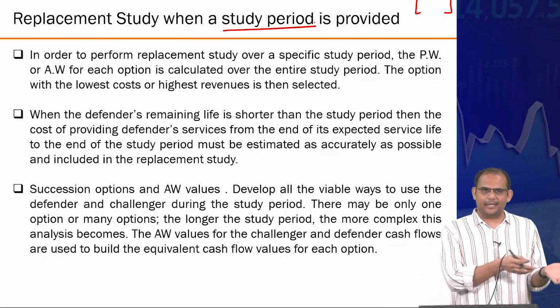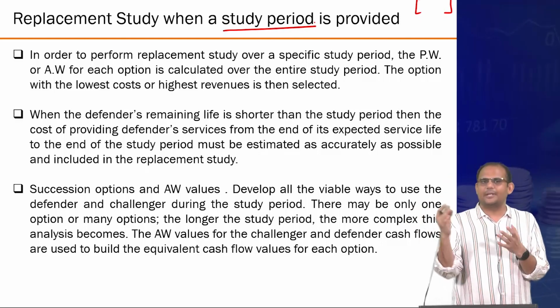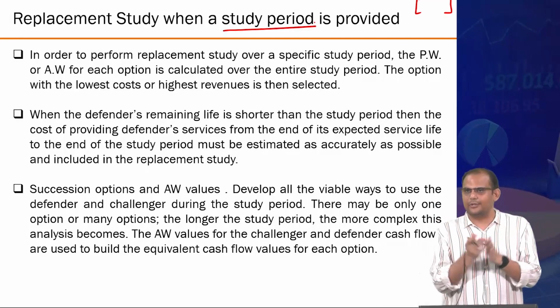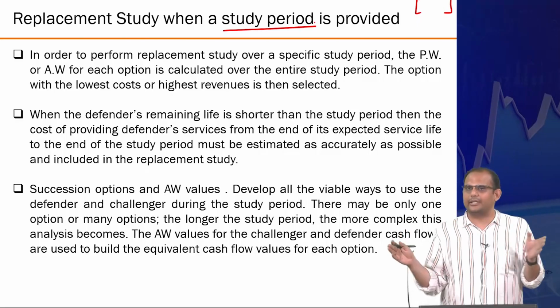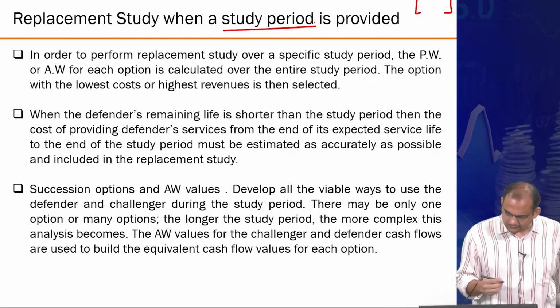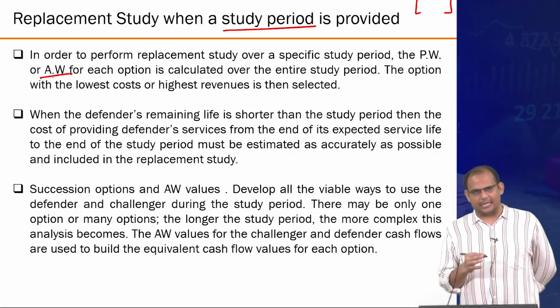In the earlier period, you were clear that you were doing analysis till the economic service lives of both. Now here, that is not the constraint. You are defining the constraint in terms of the total time period on which you need the service from all this machinery, right? So again, you have to do the annual worth calculation.